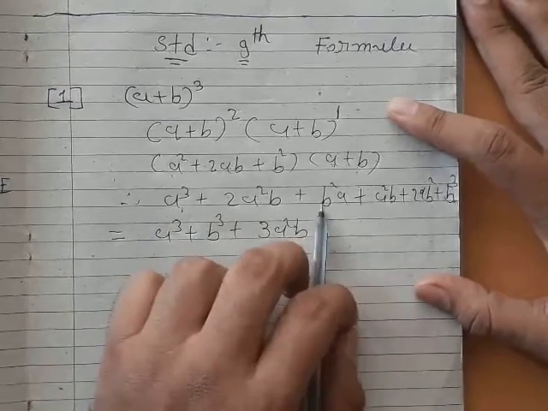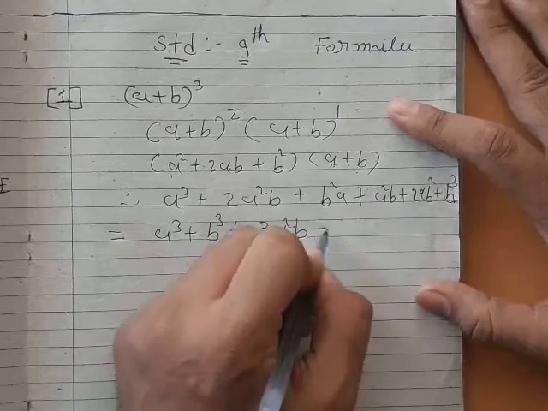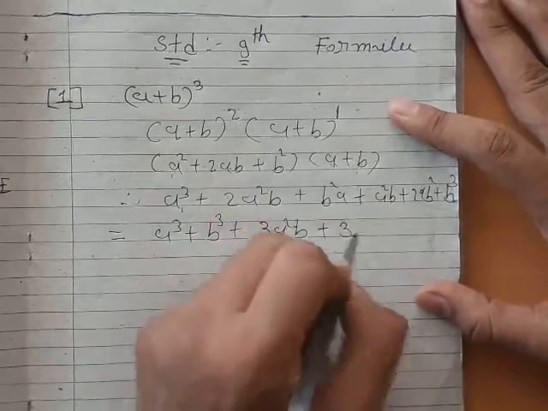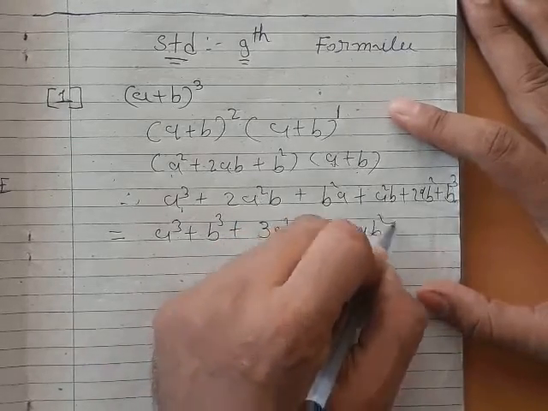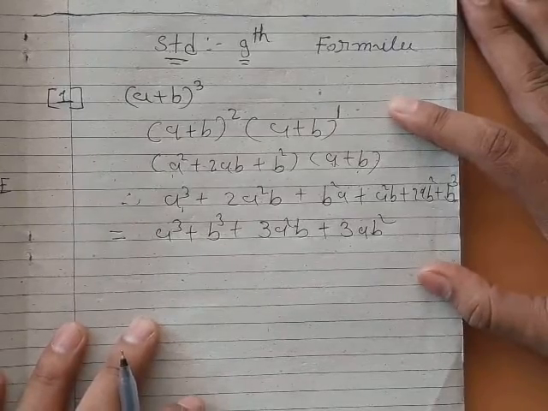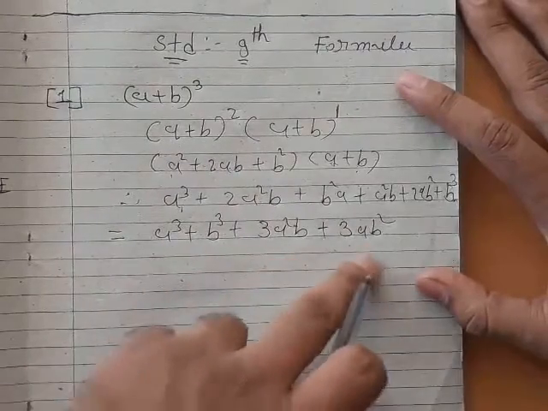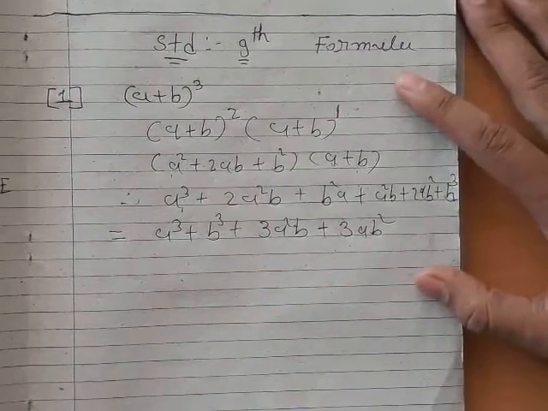Now this is ab square, this is again ab square, 2 times and 1 time, so it becomes 3 times ab square. So that is how we get the formula of (a + b) whole cube: a cube plus b cube plus 3a square b plus 3ab square.